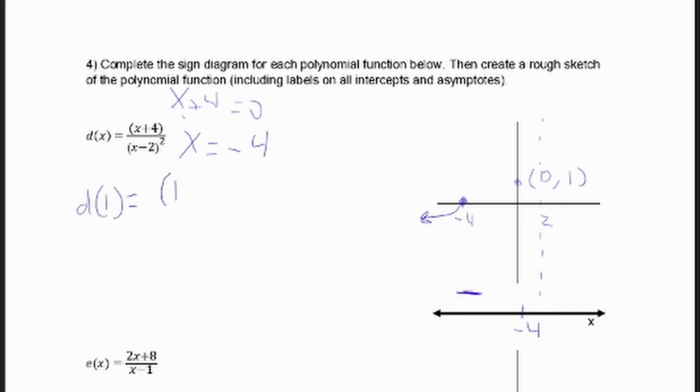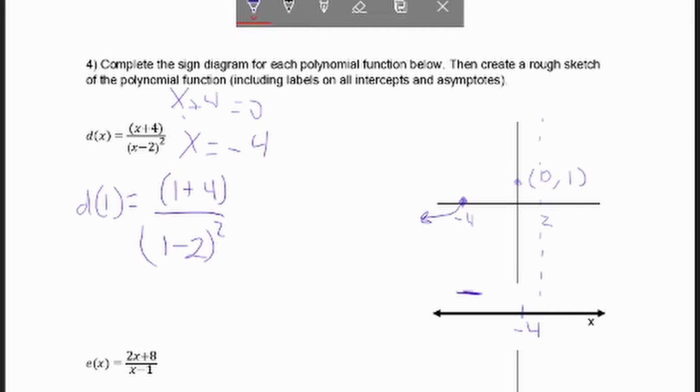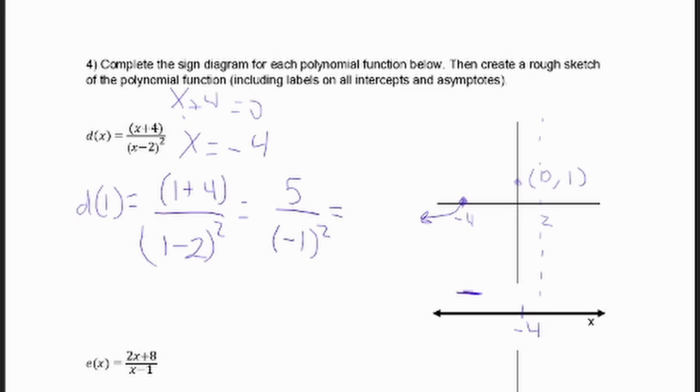So this will give us 1 plus 4 over 1 minus 2 squared, and that's going to give us 5 over negative 1 squared. So this is going to be positive, so we're going to get a positive 5. And that's somewhere all the way up here.